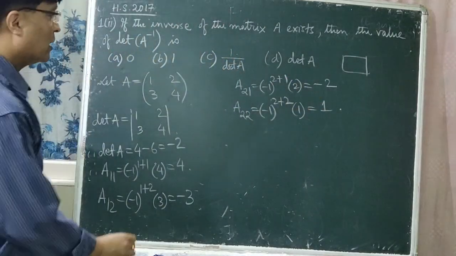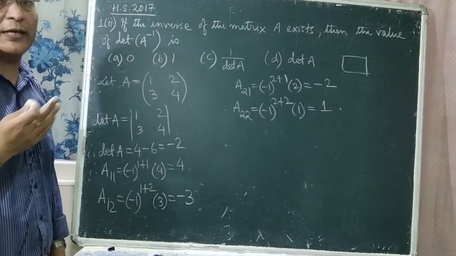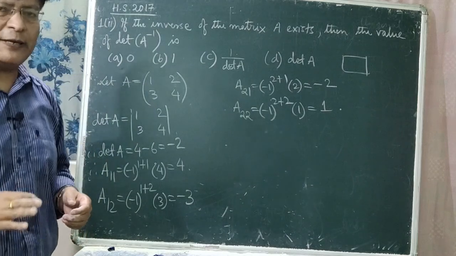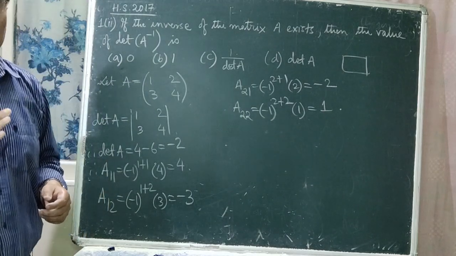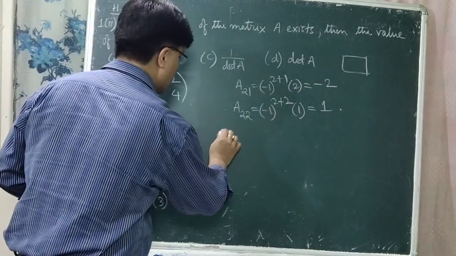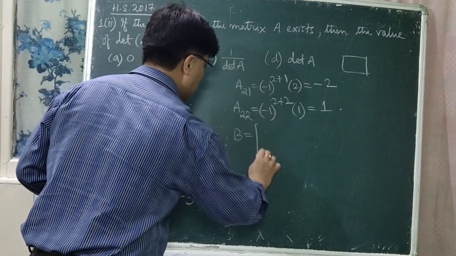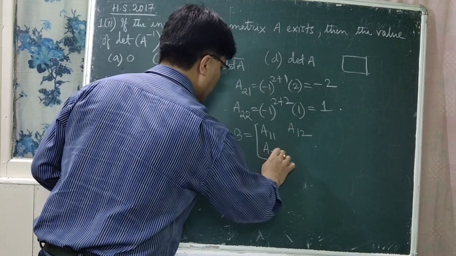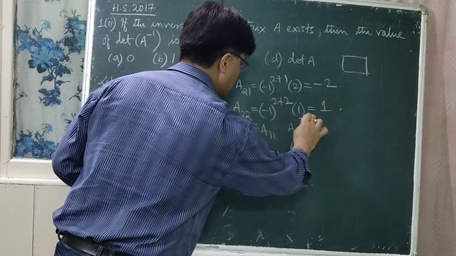Okay. So now, let B be the matrix. What is B? B is the matrix whose elements are the cofactors of the elements of matrix A. So capital B is equal to A11, A12, A21, and this is your A22.